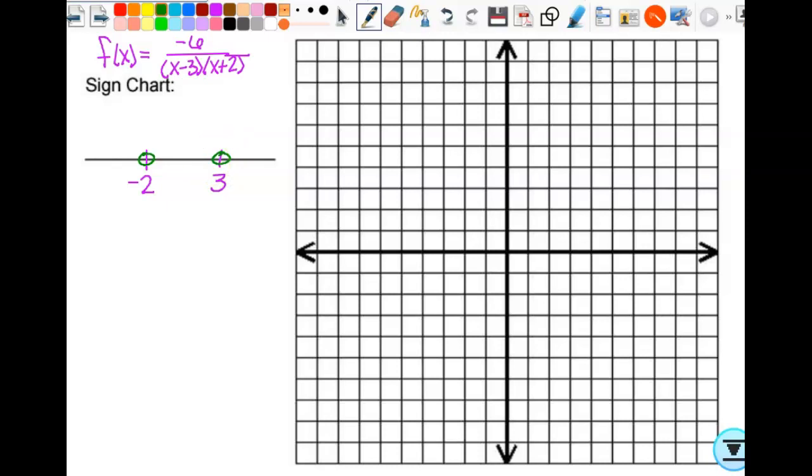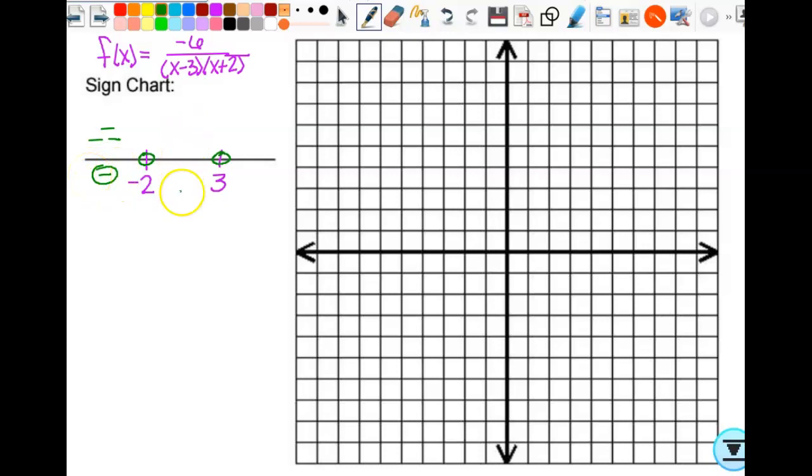Now, in the numerator, I do not have any variables. I'm not substituting anything in, but that is a -6. That negative in the numerator matters. So I'm going to put him down before I worry about substituting stuff in. -3 right here gives me a negative times a negative, so those 3 together give me negative overall.